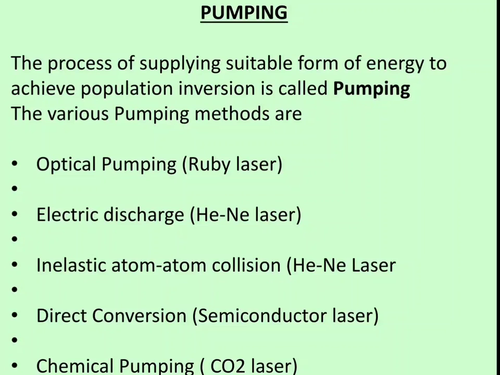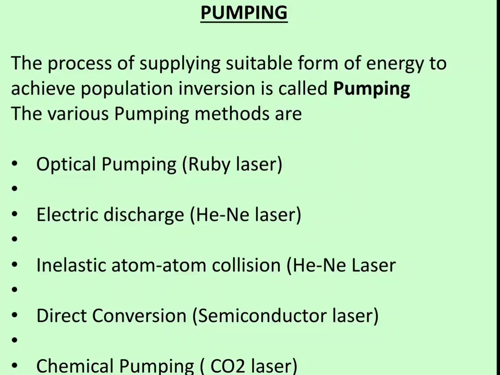But for the production of laser, the necessary condition is population inversion. Then what is population inversion? The number of atoms present in the higher energy level is more compared with the lower energy level. So simply the condition is N2 greater than N1.